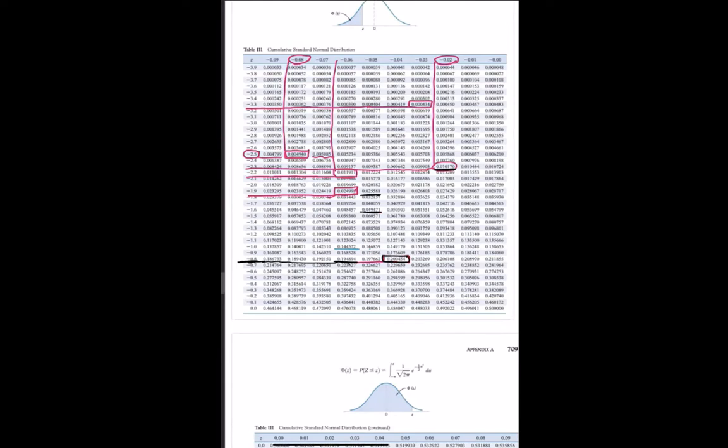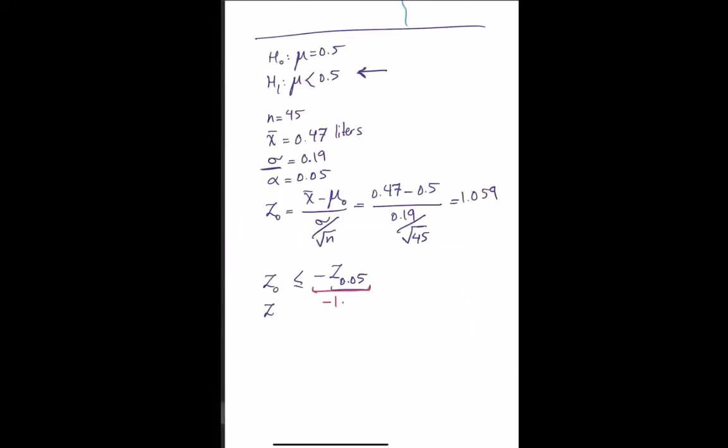So the Z that can give me this is minus 1.65. So the Z of alpha is always the positive value, right? 1.65. So that's the Z associated with 0.05. So the minus Z of 0.05 is minus 1.65.